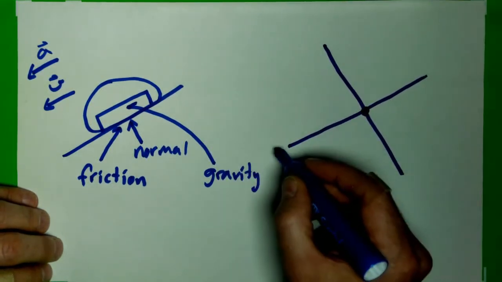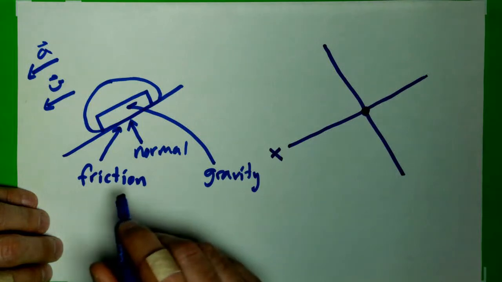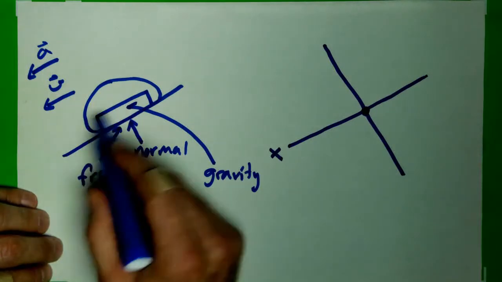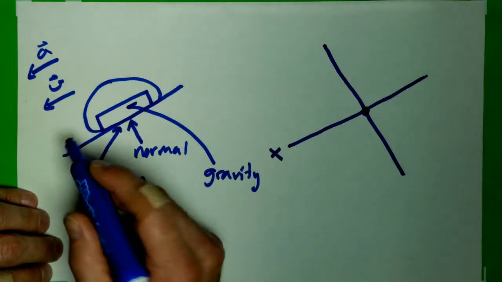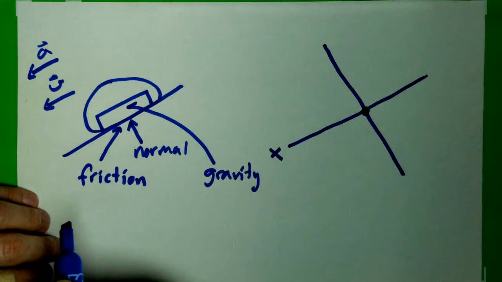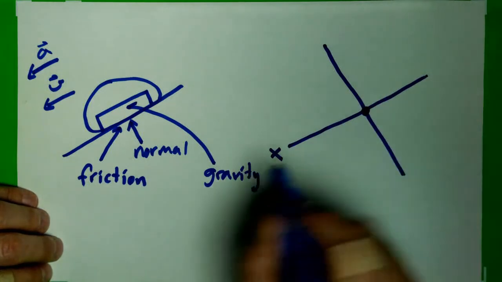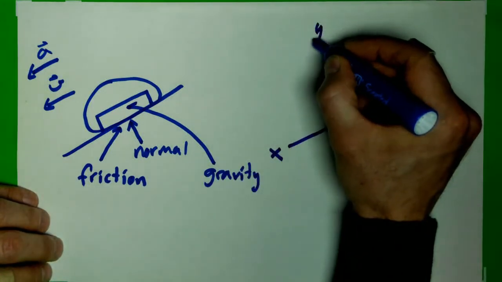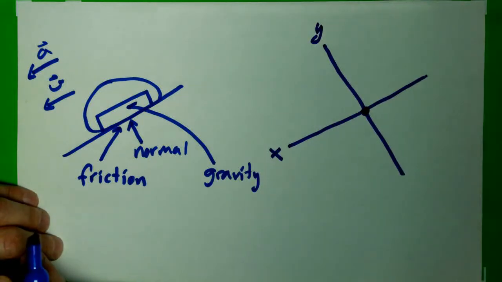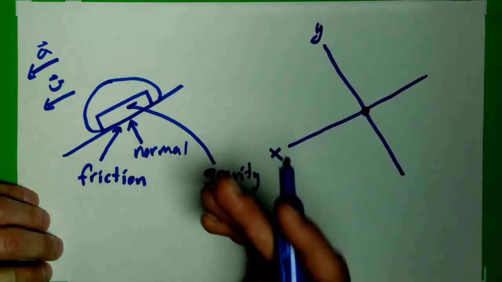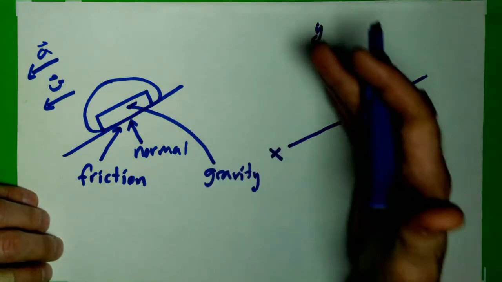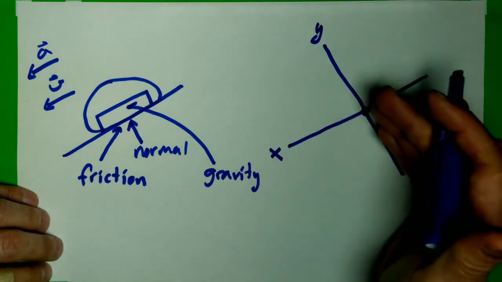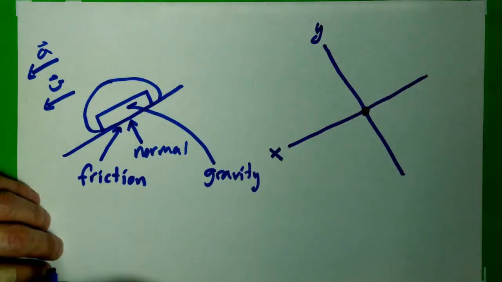I'm going to call down the incline my positive x, because it's moving downward. My acceleration would be positive, my velocity would be positive. I could have done it the other way, but I just have to keep my signs consistent. I'm going to choose out of the incline as my y direction. And I'm careful to say out of the incline because it is not up, it is perpendicular to the incline.